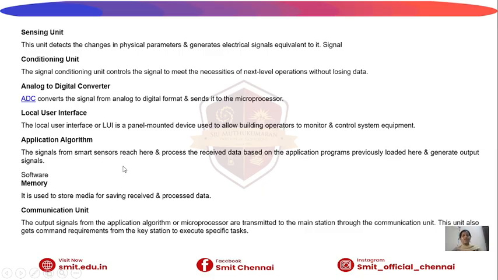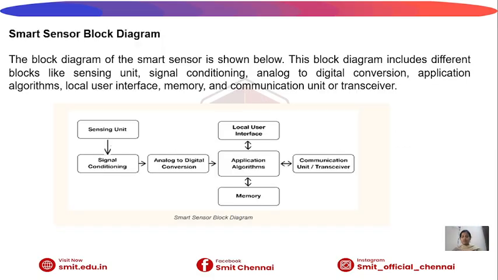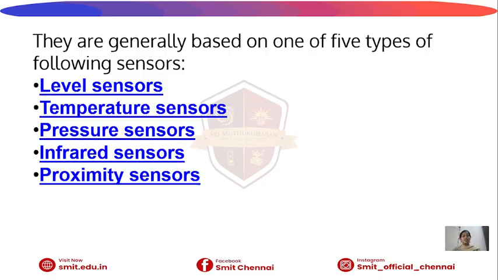I am just giving this here, so you can take notes of it and use it. There are lots of sensors, but I give five types of smart sensor: level sensor, temperature sensor, pressure sensor, infrared sensor, and proximity sensor.